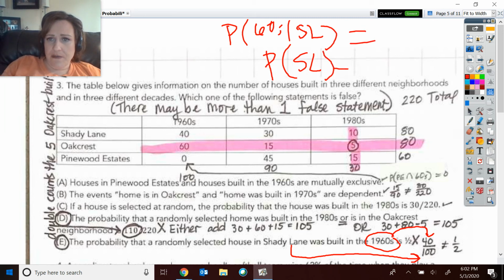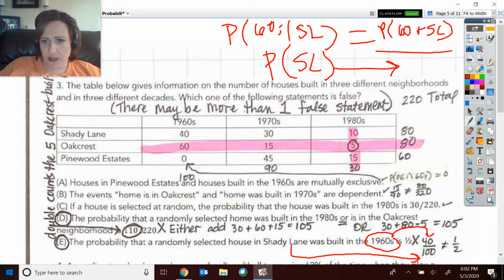That would look like this. Out of all of the Shady Lane ones, I want the Shady Lane and the 60s. The number on the denominator, Shady Lane, I did that wrong.